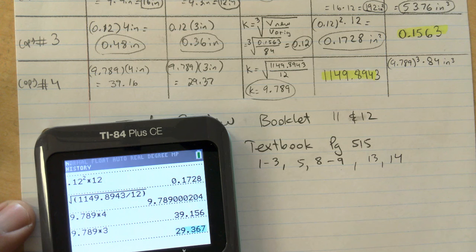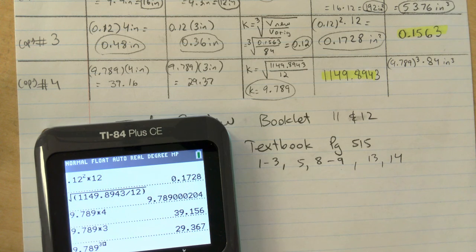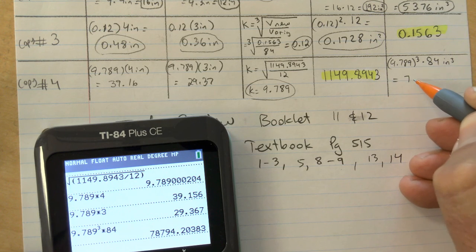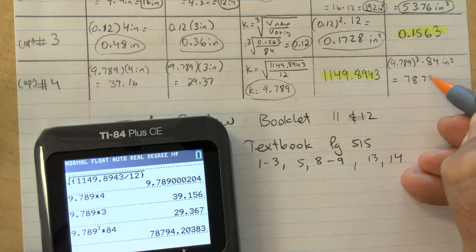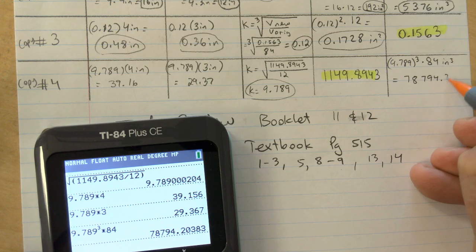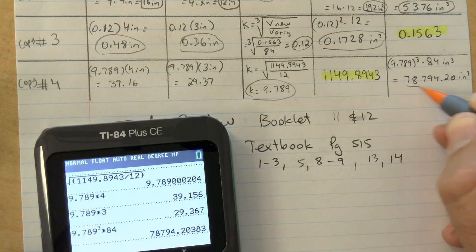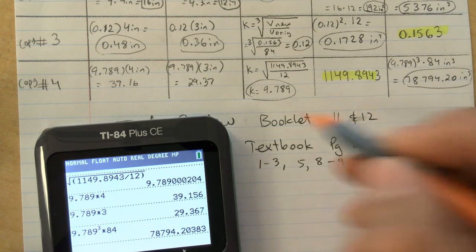And then I will also copy that one, cube that, times 84. And that is 78,794.20 cubic inches. So that's how you fill that in.